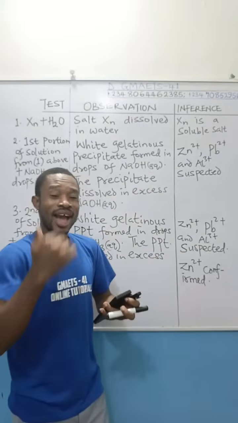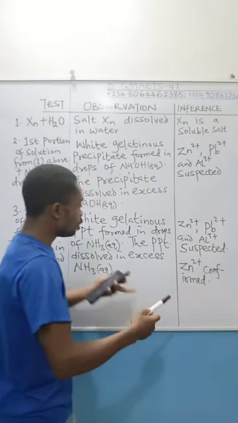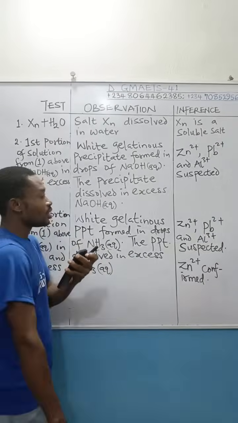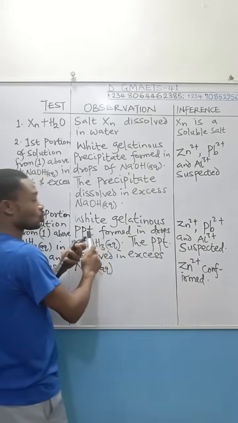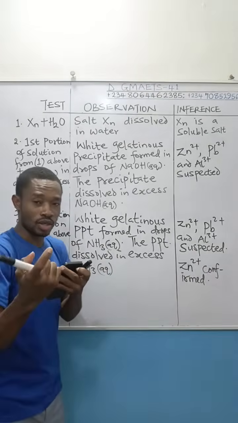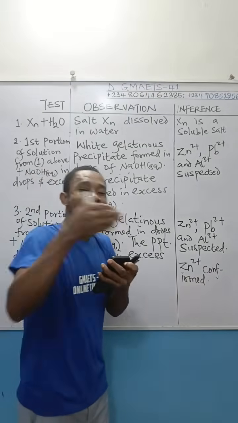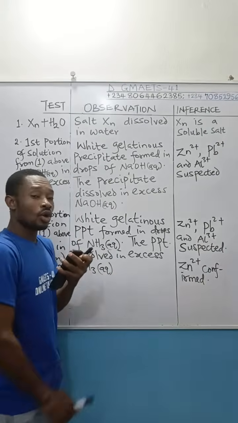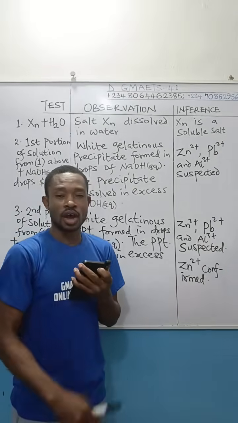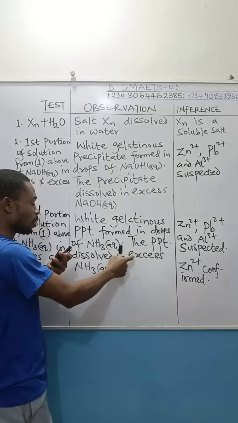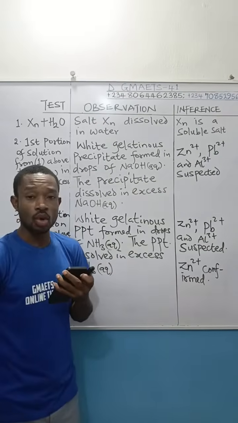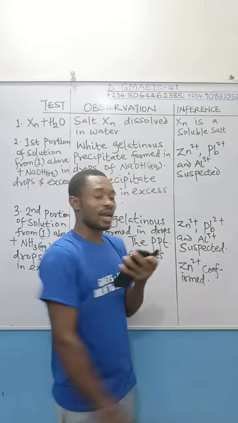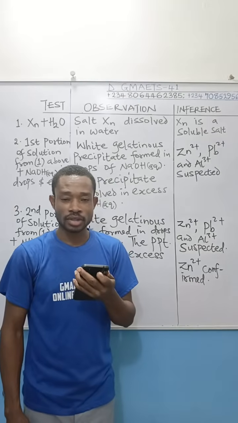The next question will be add in excess. So in drops, please take note that these 3 ions will produce white gelatinous precipitate with aqueous ammonia. But when you now add that aqueous ammonia in excess, only zinc precipitate will dissolve. And look at what I have here: the PPT dissolved in excess aqueous ammonia. And once that happens, you can now say that zinc is what? Confirmed.